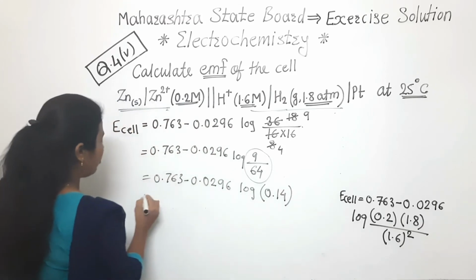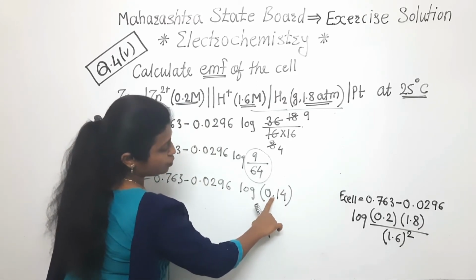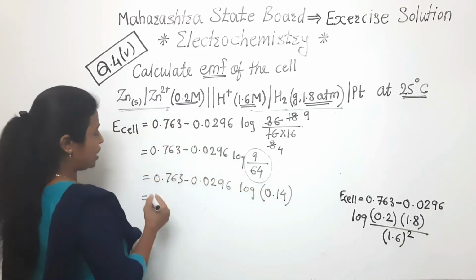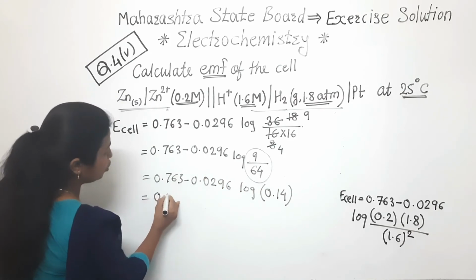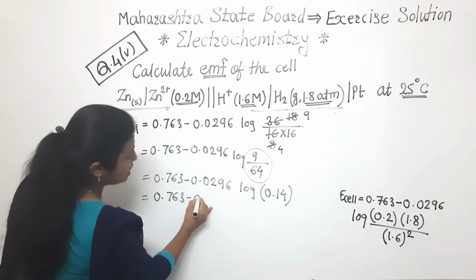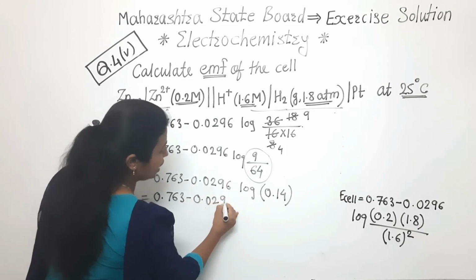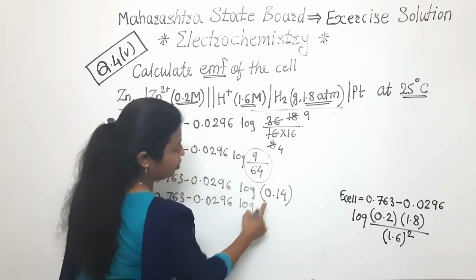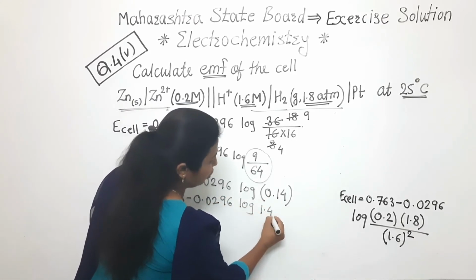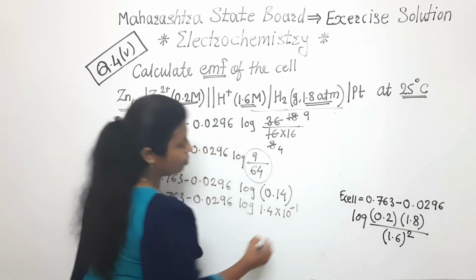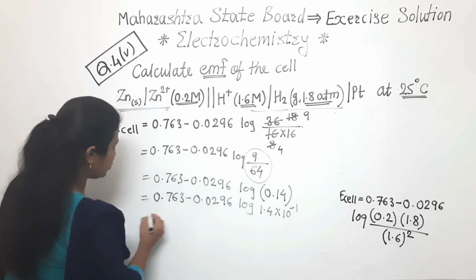0.14. After that, we are shifting one decimal to the right-hand side, and that will be 0.763 minus 0.0296 log of. After shifting it will be 1.4 into 10 raised to minus 1. Now see the next step.